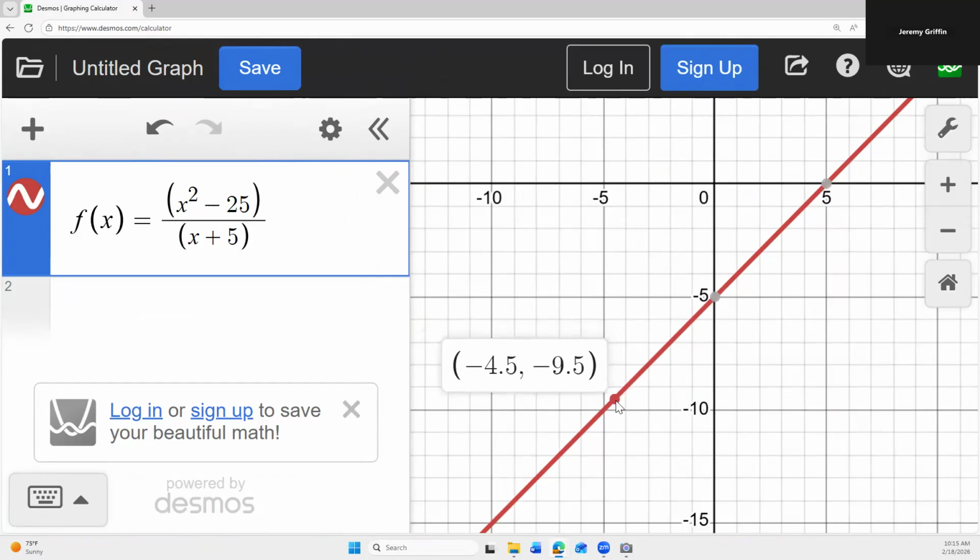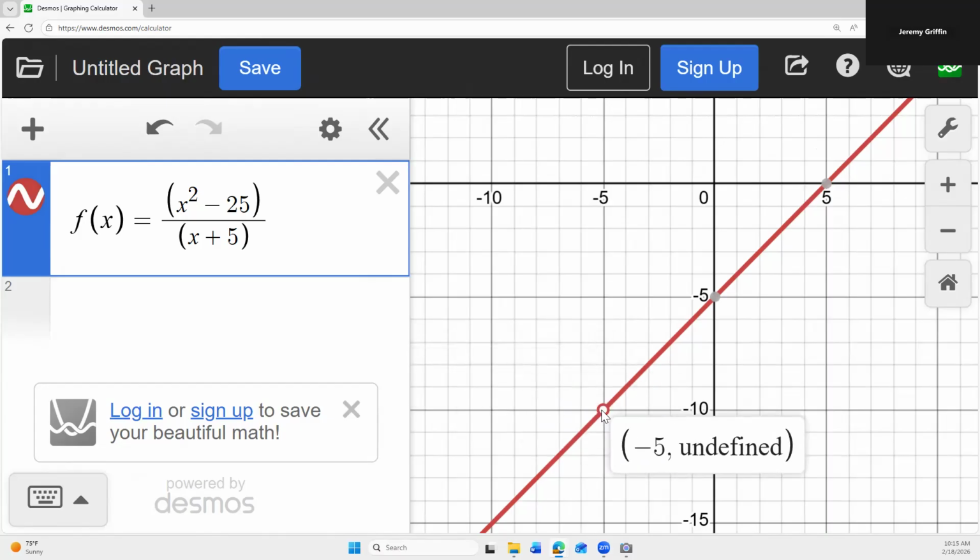And if I click on this graph, it looks like a straight line. Looks like just the line y equals x minus 5. But if I go down here, you guys see it says negative 5 comma undefined. It actually opened up a hole. If you click on the graph, it'll do that. But that's not the one we did. So here I gotta do the graph that we actually did.